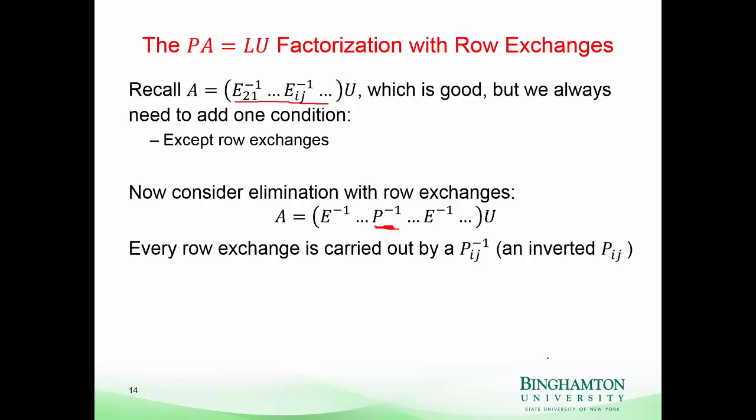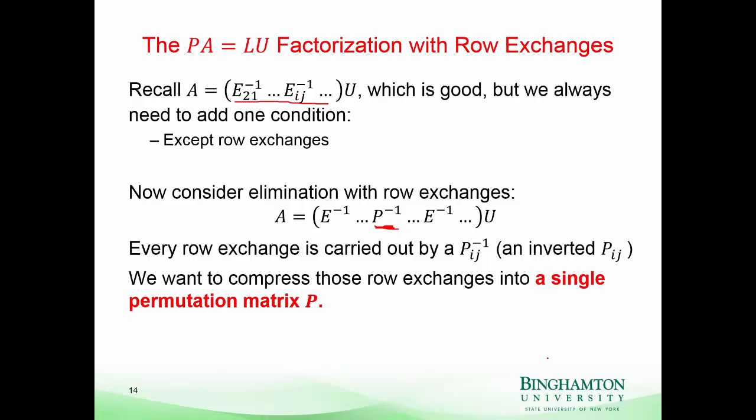And maybe we have to do a whole bunch of them. So we've got a bunch of inverted permutations in there, which remember are just transposes. But what we want to do is factor those all out, and it's possible to pull those all out into a single permutation matrix, P.